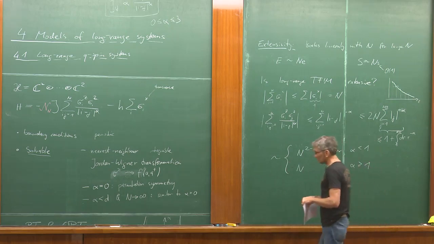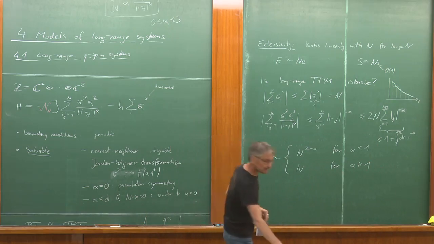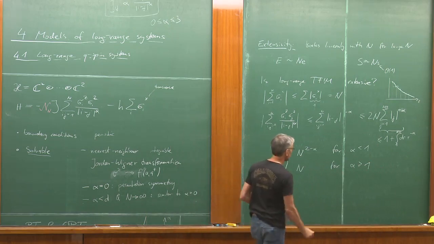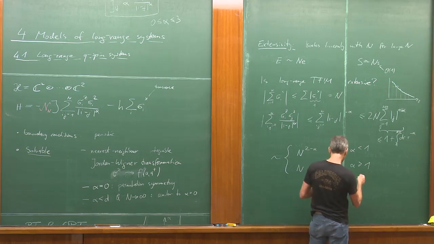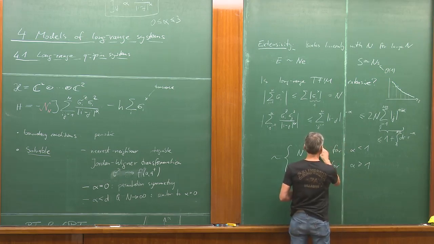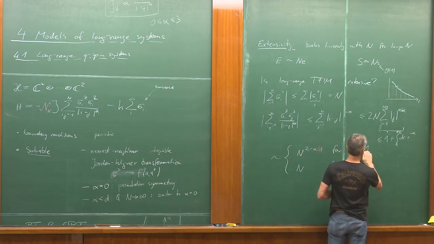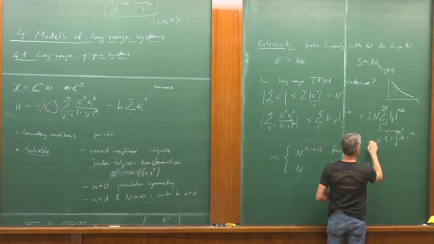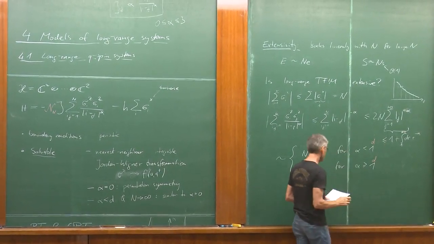You can easily do the generalization of this calculation to higher dimensions. It's not super complicated, and I just tell you what the result is. You will get an alpha over d here, and you will have validity of this term for alpha smaller than d and alpha larger than d.